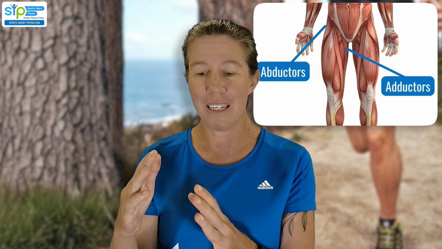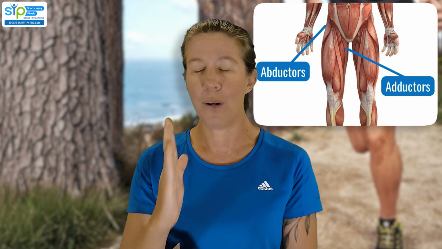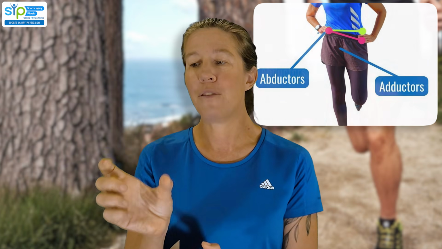The adductors move the leg in, the abductors move the leg out. And remember, when you're on one leg, they have to keep you stable, so that your hip doesn't drop and your leg is in good control. So if the outside muscles are much stronger than the inside muscles, then the inside muscles are prone to injury. So that is one of the likely causes that could be part of it.